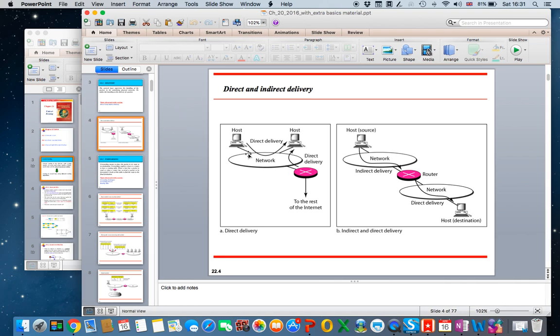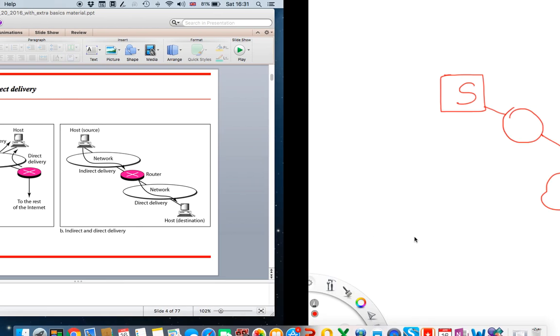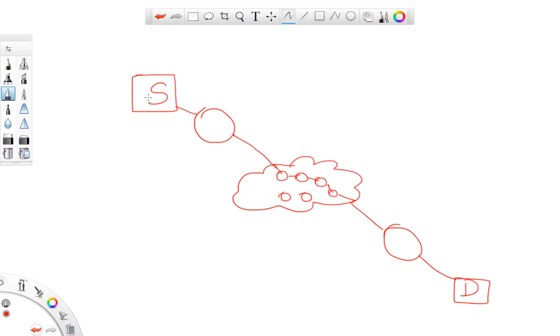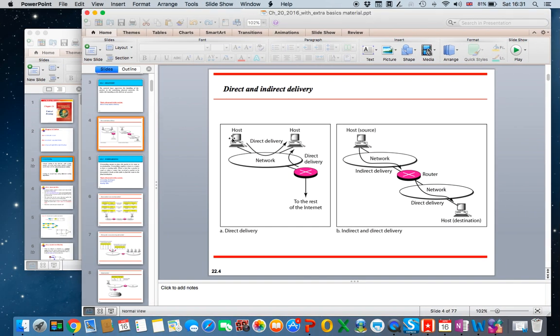And just quickly looking upon the concept of direct and indirect delivery, when we have the source and the destination both located inside the same network, it is called direct delivery, because in this case we are not in need of any routers, routing tables or forwarding tables for the packets from this host to go to the other host.